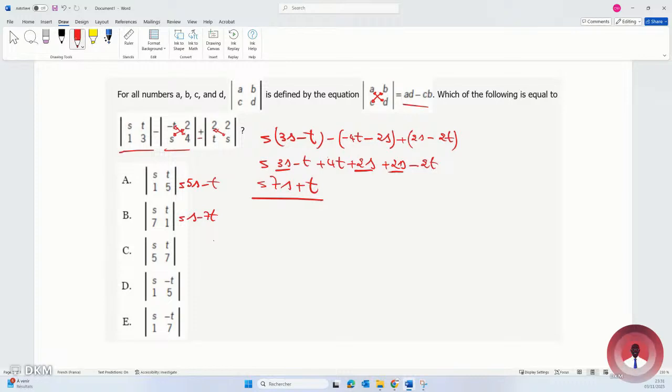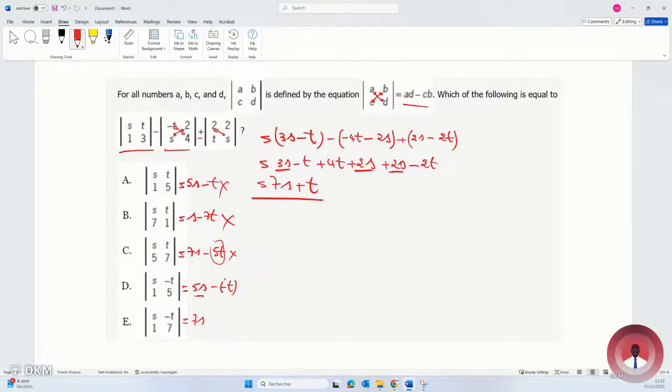No, not the answer. Here we have 7s minus 5t, so not the answer because we have the 5t here. Here we don't have 5t, we only have t. This we have 5s minus t, so not the answer too.